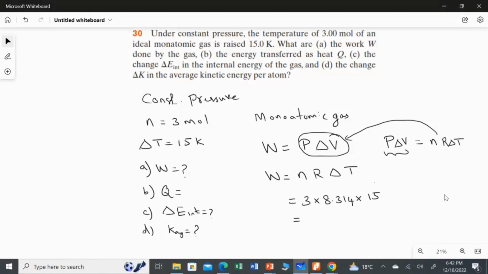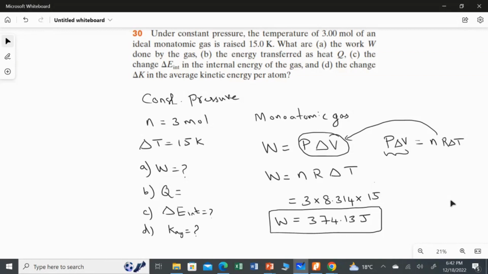So 3 multiplied by 8.314 multiplied by 15. I got the answer as 374.13 joules. So this is the answer for the first part.